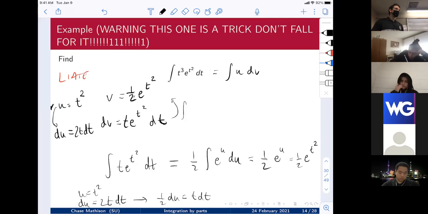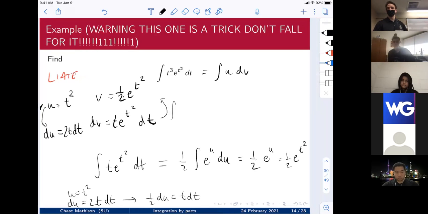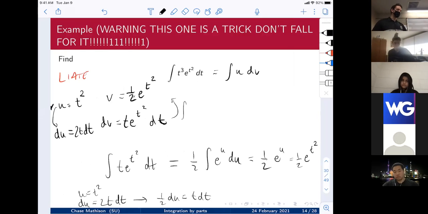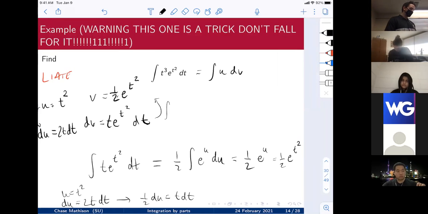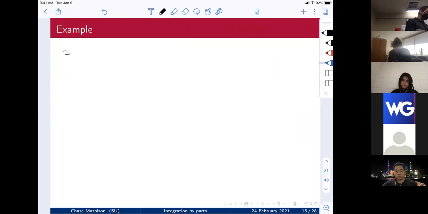So this one takes a lot of thinking to try and make a very clever pick for u and dv. Let's write this out then. This is u times v minus the integral of v du.